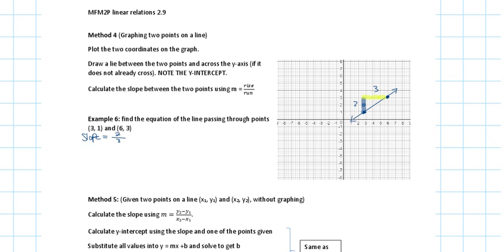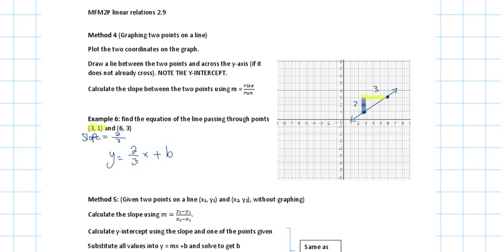I know what my slope is, and I know at least one point that goes through my line. So you remember what we did in the previous question? We're going to do exactly the same thing. I will plug in 2 over 3 for m, and I'm going to use one of my points, either (3, 1) or (6, 3).